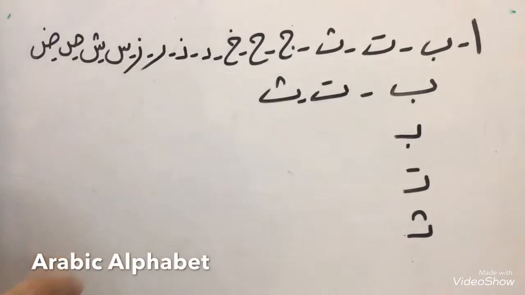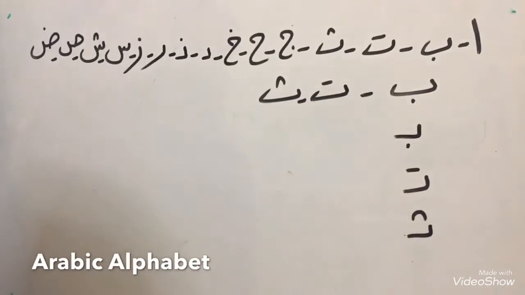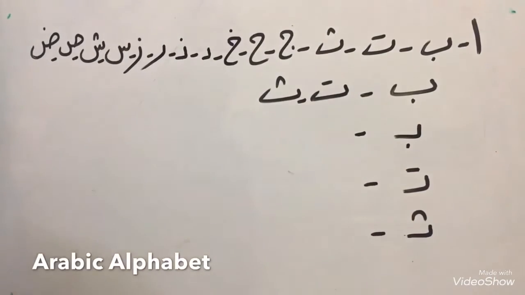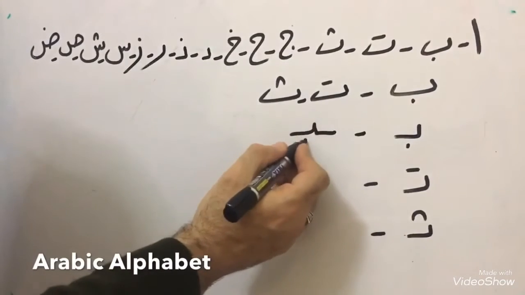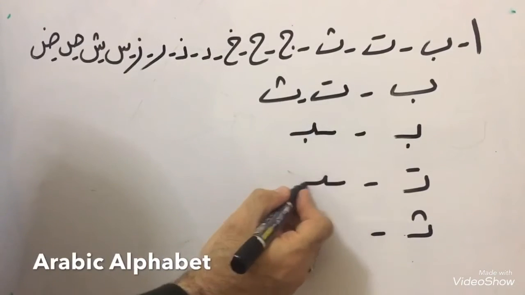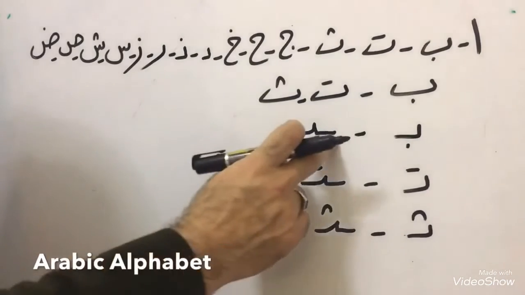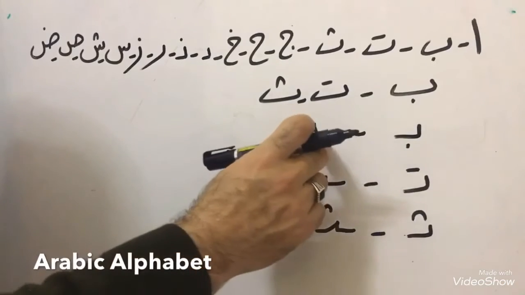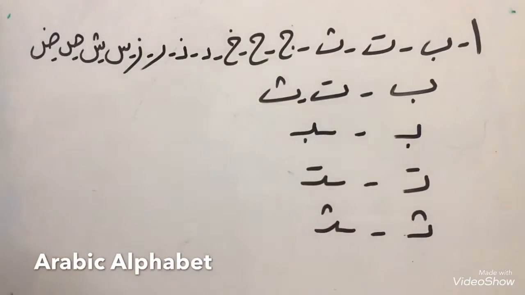So it is possible to join them after. If they come in the middle of the word, they are like this: Ba, Ta, and Tha. So they have two hands to capture the letters before and after.